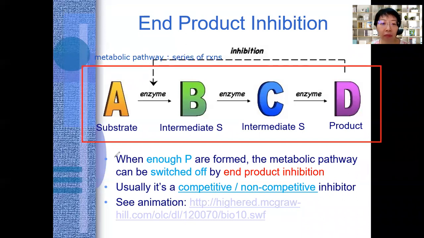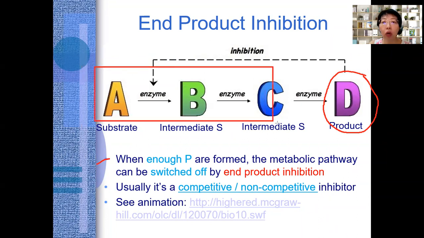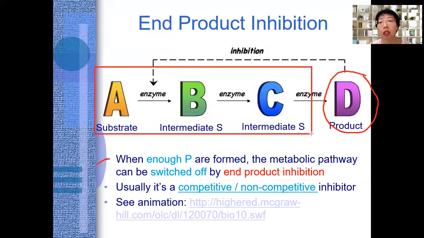Let's move on. What I want to illustrate here is that sometimes in the body, when there's enough product formed, the end product of this series of reactions being D, we no longer want this process to take place because I have enough product already. So I don't want A to be converted to B to C. I have to stop the entire pathway.